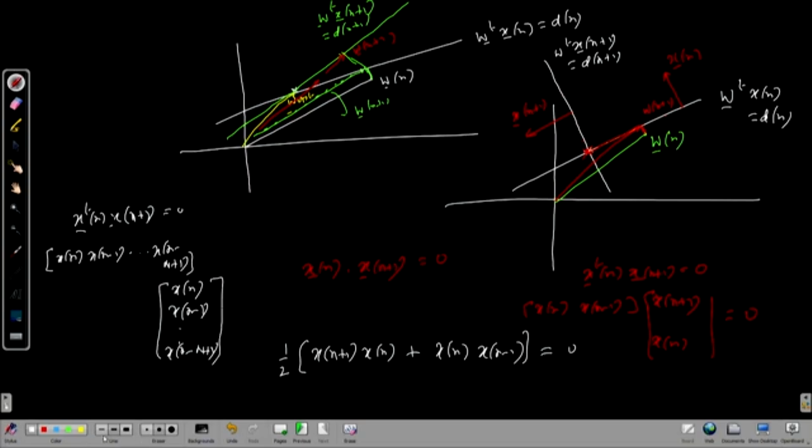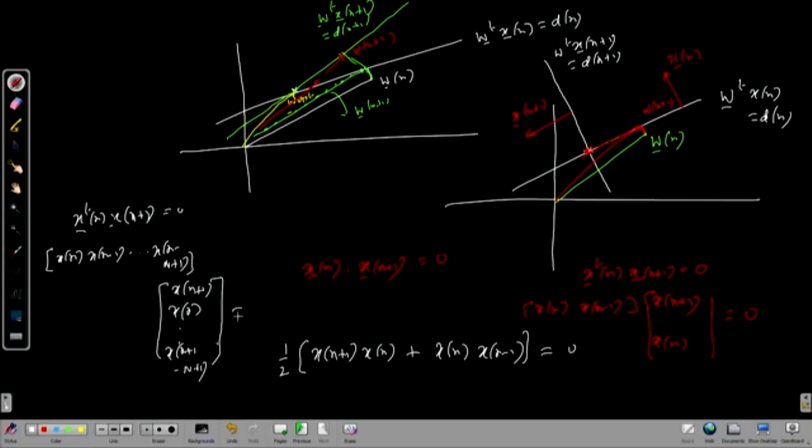Sorry, I am very sorry, I wrote wrongly. This n should be replaced by n plus 1. So, it is n plus 1, then n plus 1 minus 1. So, n dot n plus 1 minus n plus 1 like that.